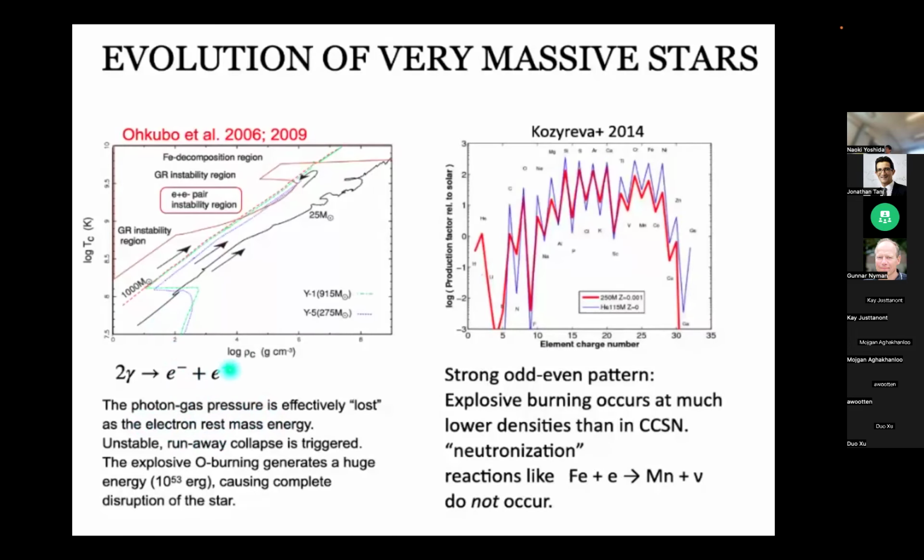Since this happens at much lower densities compared to core collapse supernova explosions, the so-called neutronization reactions, like converting iron to manganese and so on, don't really happen. Neutronization typically smooths out the odd-even patterns. But if the explosion happens at very low densities, like in a pair instability supernova, then it preserves this strong odd-even pattern, just like we see here.